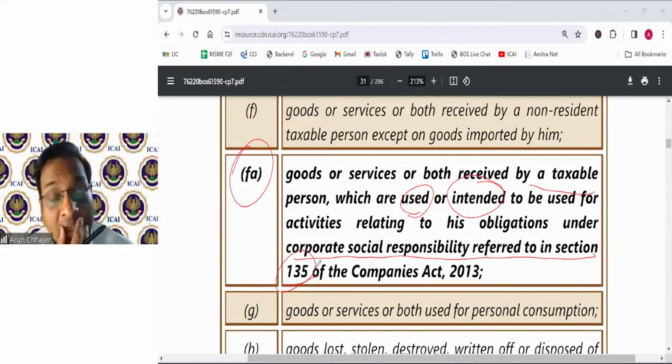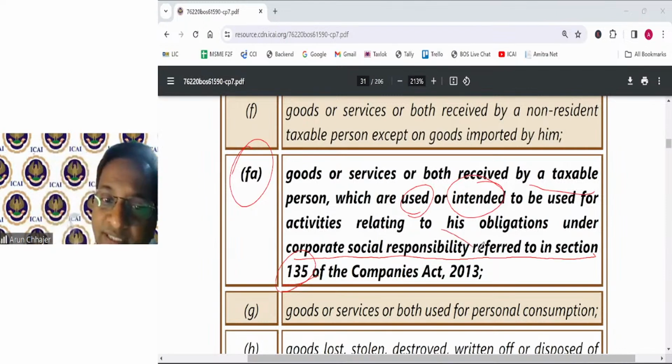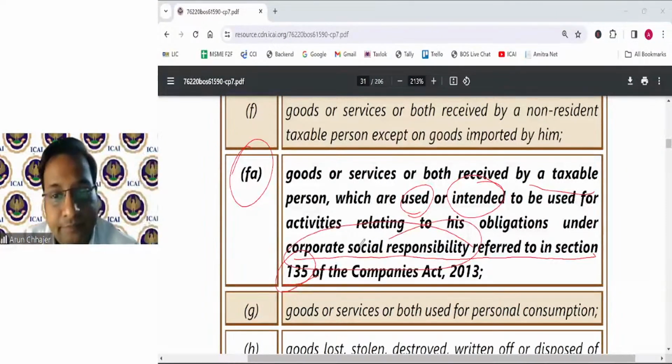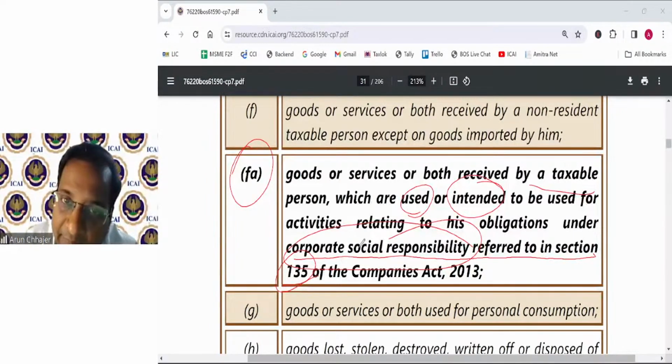Meaning thereby, goods or services used in relation to the CSR activity. If you are doing certain corporate social responsibility as per section 135, for that purpose, if you use the goods or services, you can't take the ITC of that expenditure.